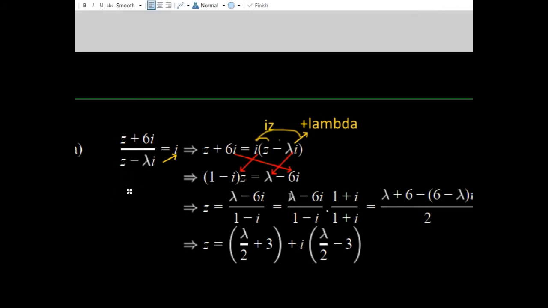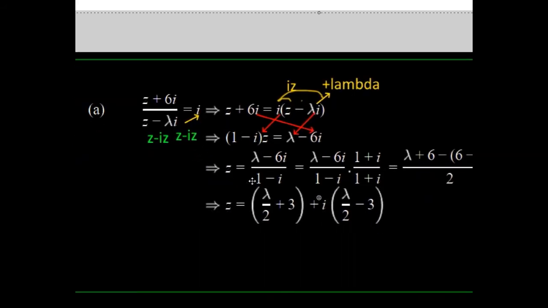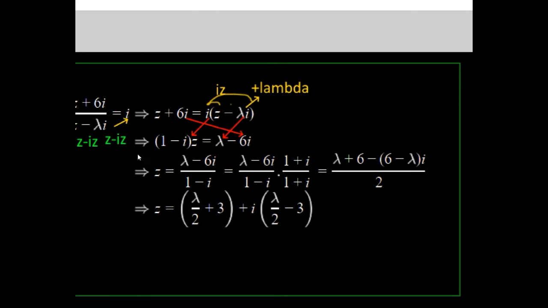Just in case, I could write this here to make it clear what has happened: this is the equivalent of saying z - iz, and this part, z - iz, I've then factorized out to make the solution that we want. So why would I do that? Why do I want to have a situation where I have z - iz? Like I said, it's because my goal was to get rid of everything on the left-hand side that was not related to z, not a product of z or multiplied by z.